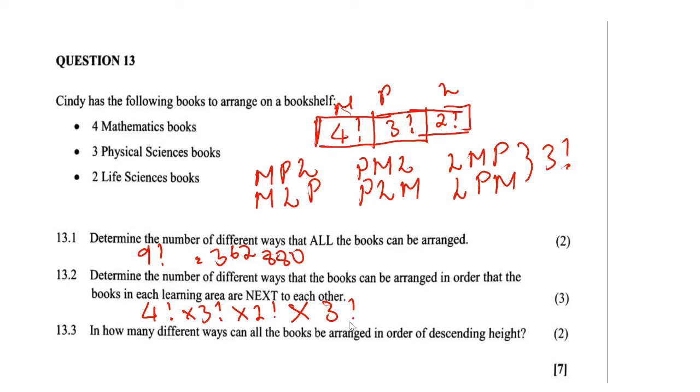So the 3 factorial is representing all the 6 possibilities. Then that will give us 1,728 ways.